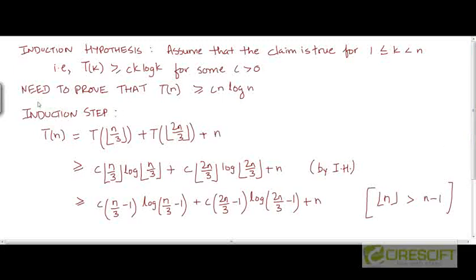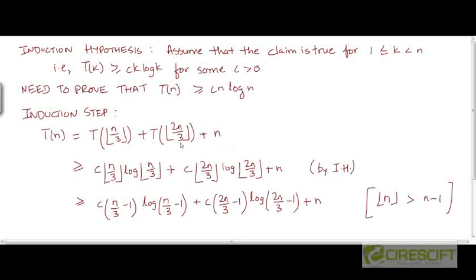So let's use the induction hypothesis to prove this induction step. We are given that T of n is T of n by 3 plus T of 2n by 3 plus n in the recurrence.